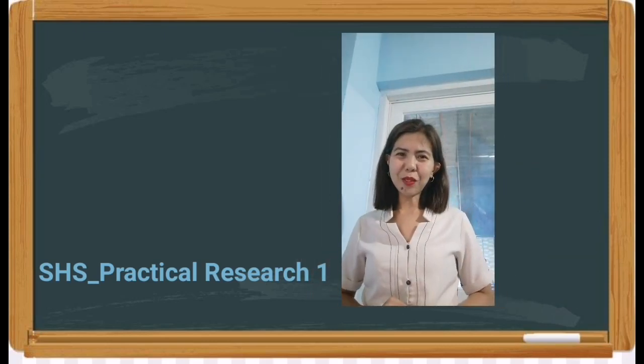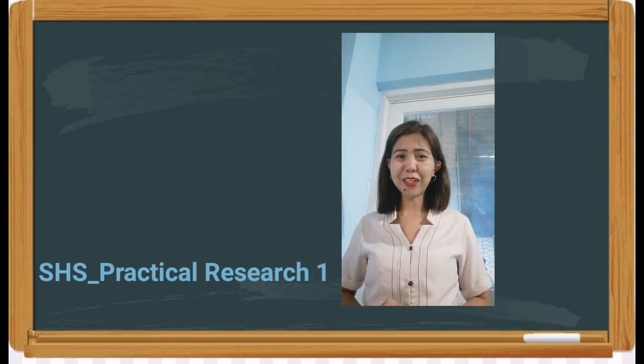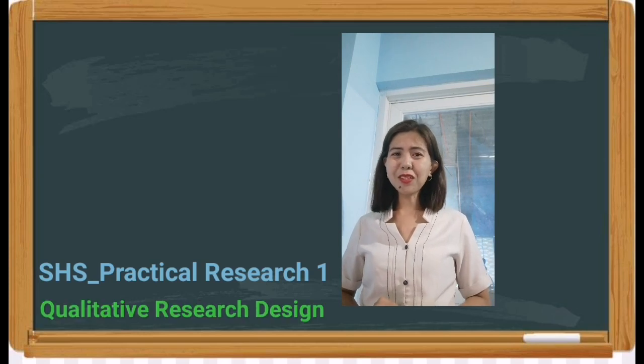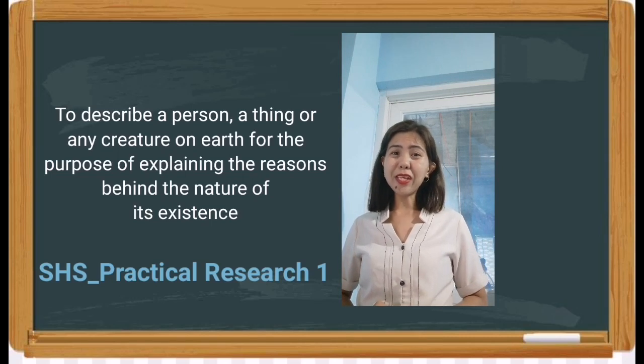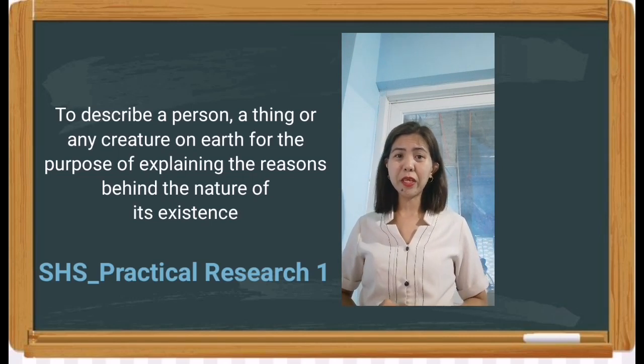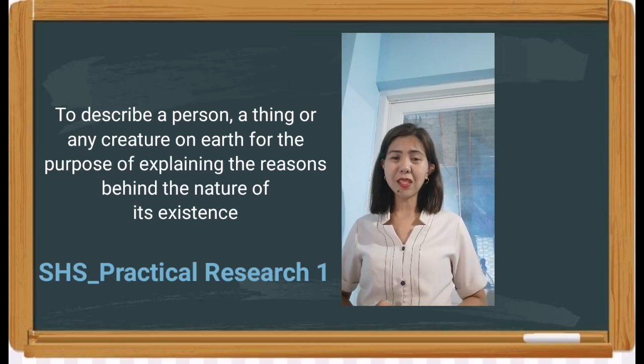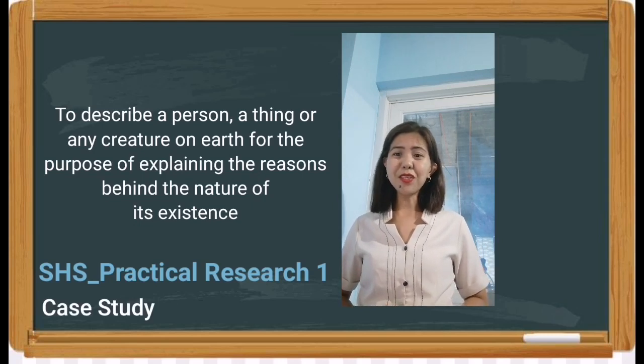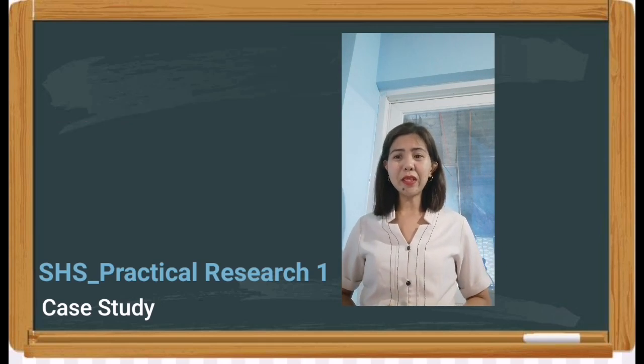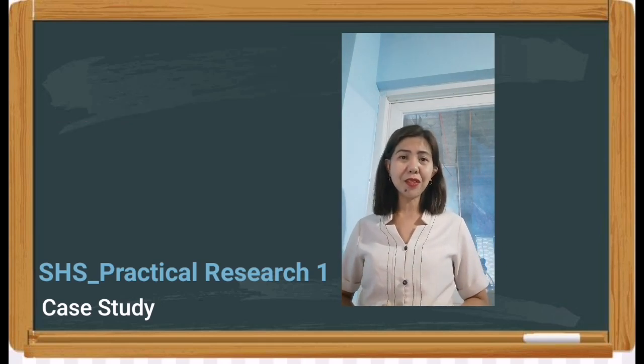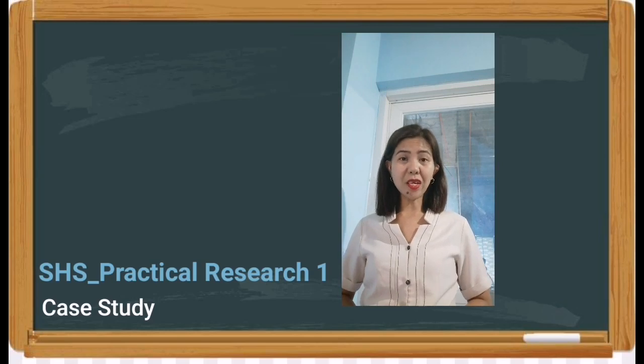And now, let us take a closer look at the different kinds of qualitative research design. So let's start with the first one. To describe a person, a thing, or any creature on earth for the purpose of explaining the reasons behind the nature of its existence is what case study is all about. Your aim in this qualitative research design is to determine why such a creature acts, behaves, occurs, or exists in a particular manner.